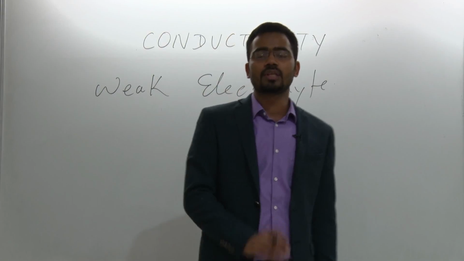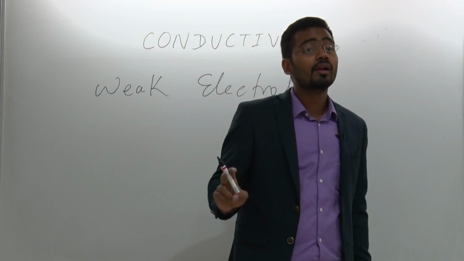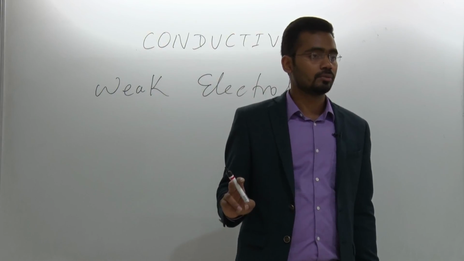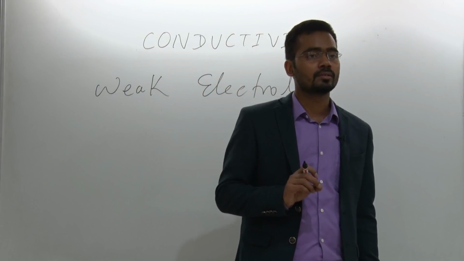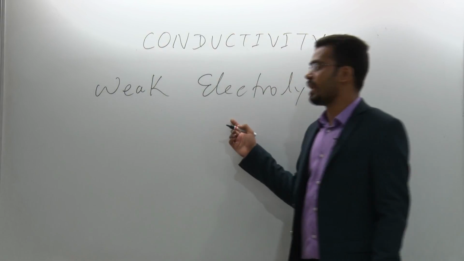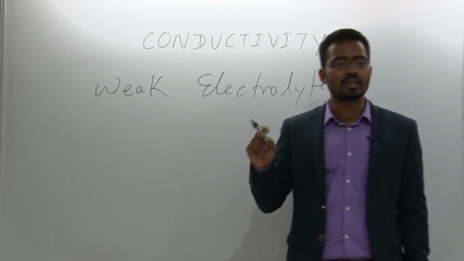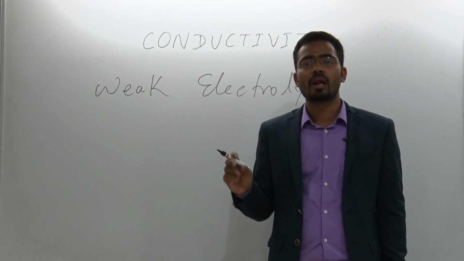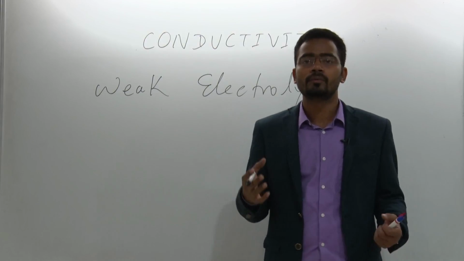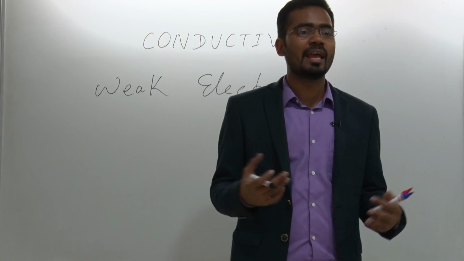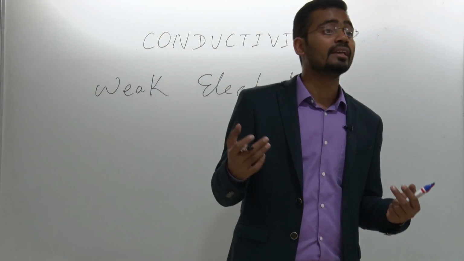So with dilution, carriers will not increase. Yes or no? But with dilution, that is decreasing the concentration, molar conductivity increases. Why? Because the force of attraction between Na plus and Cl minus will decrease.